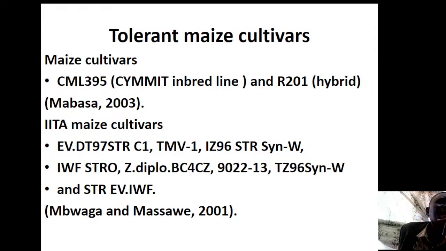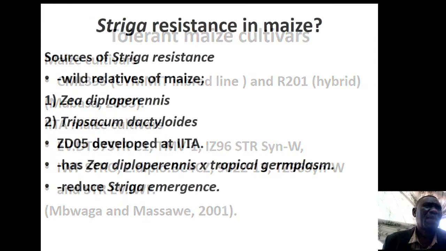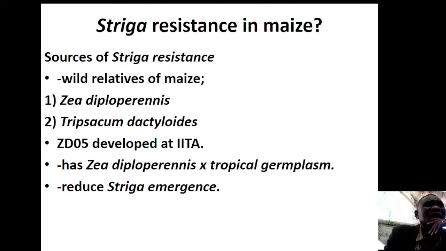We also have IITA maize cultivars, which have been shown to be resistant or tolerant in Tanzania by Mbraga and Masawi. Now we have this question, Striga resistance in maize. For a long time, people were wondering whether maize could actually resist Striga infection.